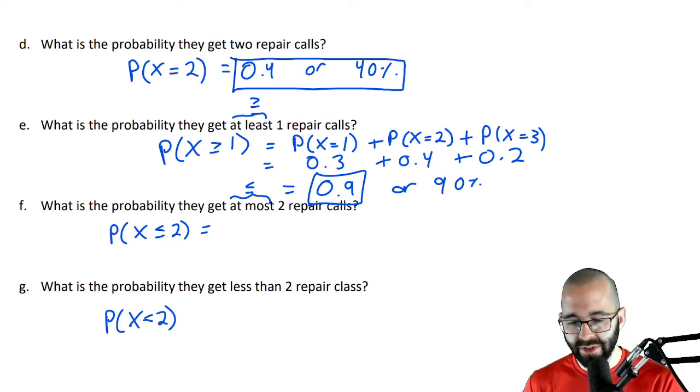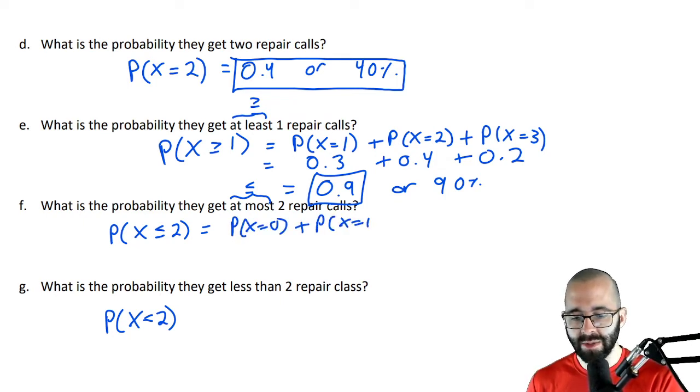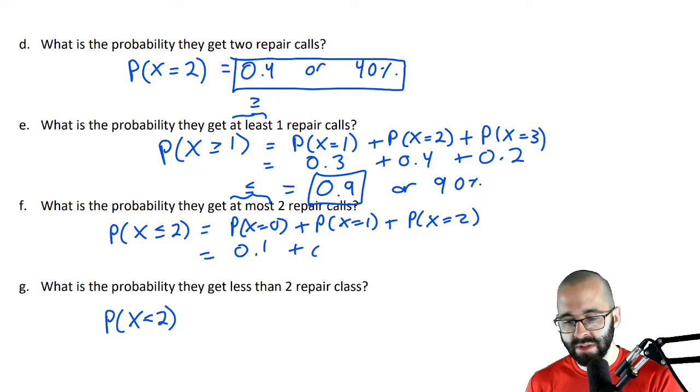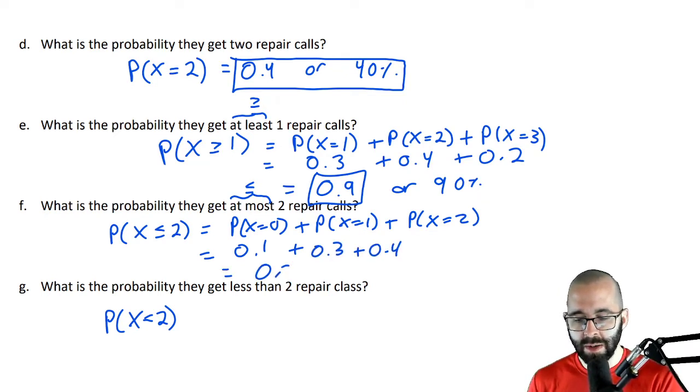Now we can do the same thing for this, right? This is going to be the probability that x equals 0, plus probability x equals 1, plus probability x equals 2, which is 0.1 plus 0.3 plus 0.4, or 80%.